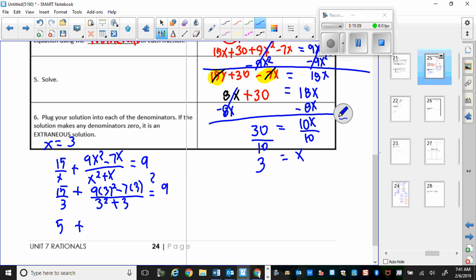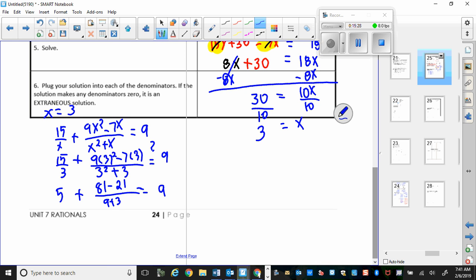So that's plus, right here, my fraction, 81 minus 21 over 9 plus 3 equals 9, right? So 5 plus 81 minus 21, that's 60 over 12 equals 9. Let's make sure I wrote this correctly.